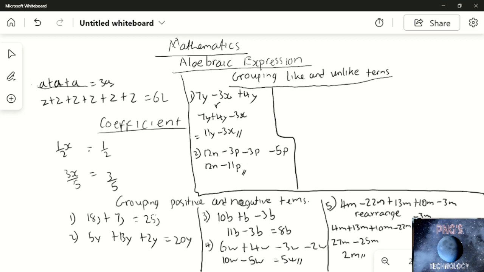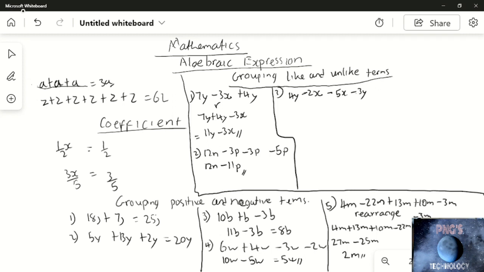So let's see question 3. Let's assume we're given 4y minus 2x minus 5x. Sorry, it's the network that is not making this writing as clear as we want. Then minus 3y also. So in this case, let's rearrange this.